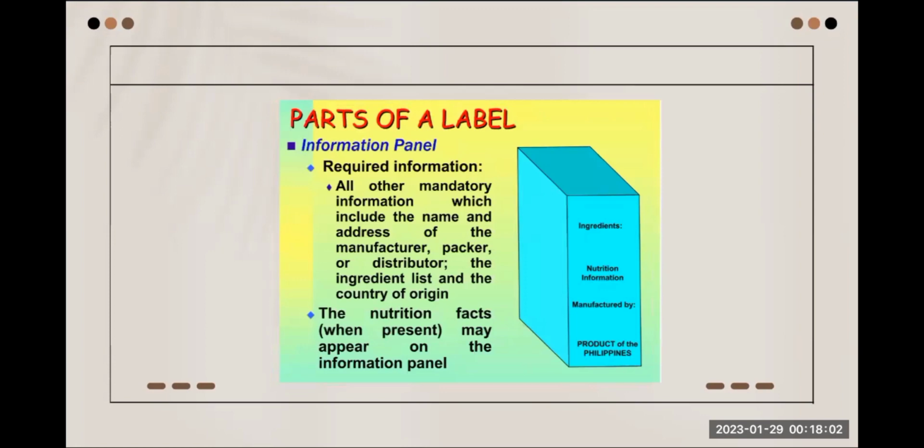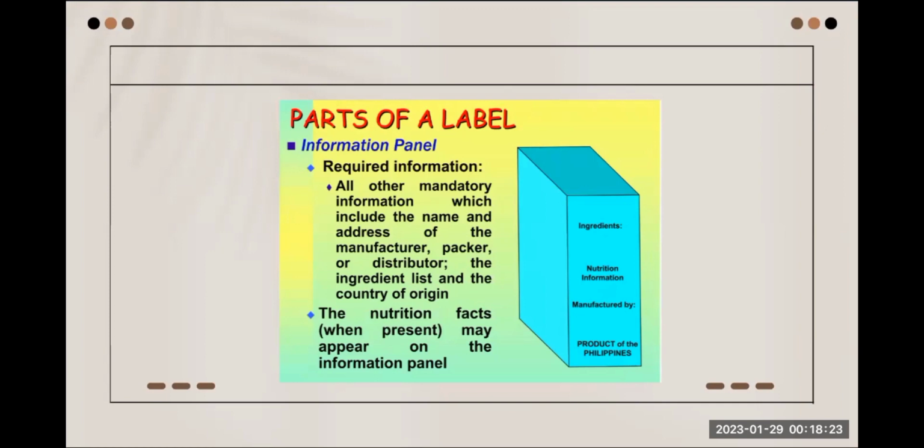Ito po yung information panel. Information panel, required information, all other mandatory information, which include the names, and address of the manufacturer, packer, or distributor, the ingredients list, and the country of origin. The nutrition facts may appear on the information panel.